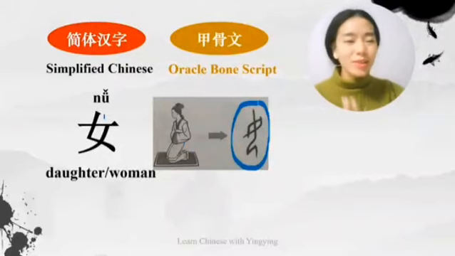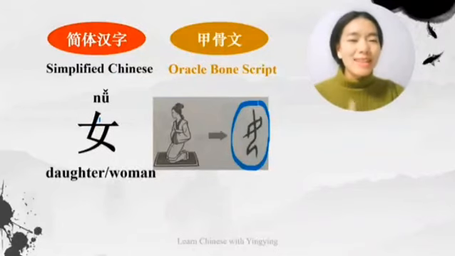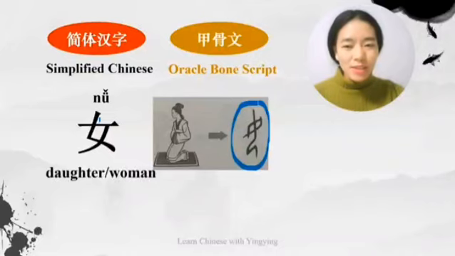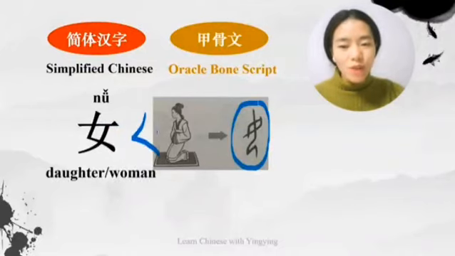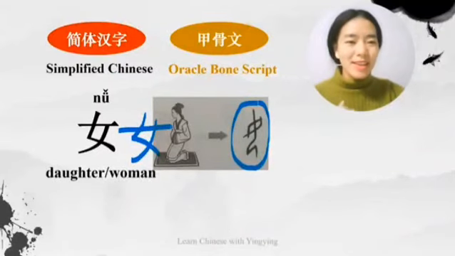And I don't know if you can feel from this word, it gives you a feeling of gentleness, tenderness, and softness. Because do you see here, these little soft curves? So this is the word 女. 女. It means daughter or woman.